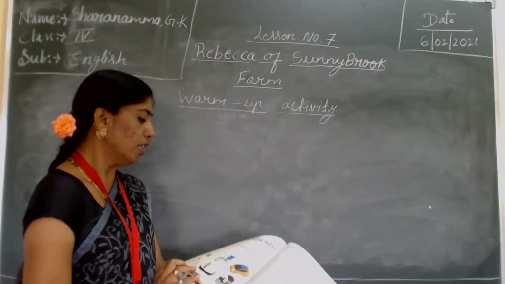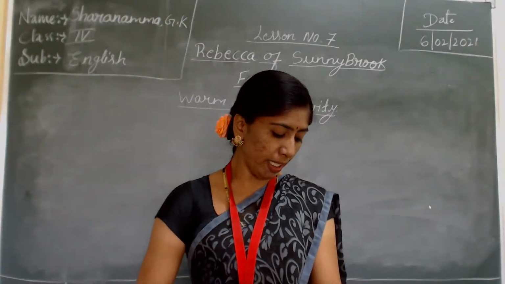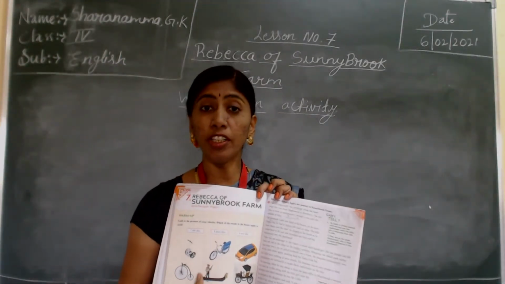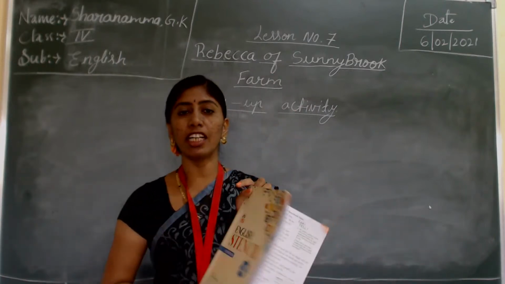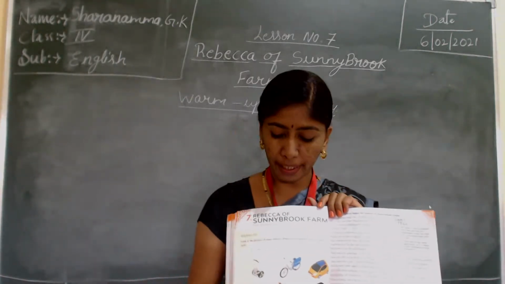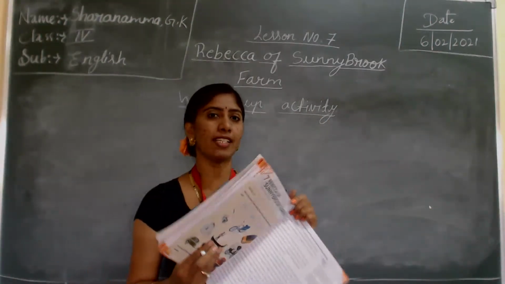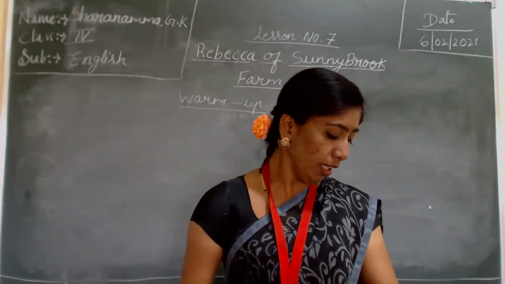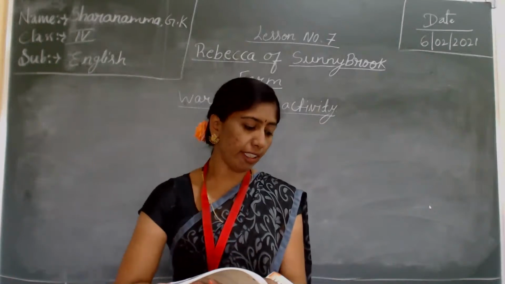I think all of you have opened page number 102. Once again, I am repeating. Please take your English course book. Open page number 102. Today I am going to explain the new lesson, that is Rebecca of Sunnybrook Farm. So, on this page, we are going to see the warm-up activity.